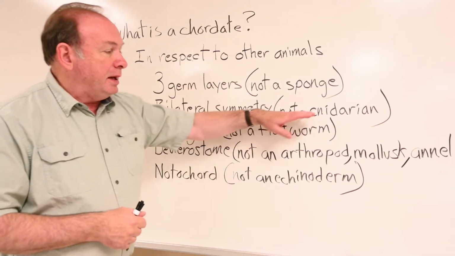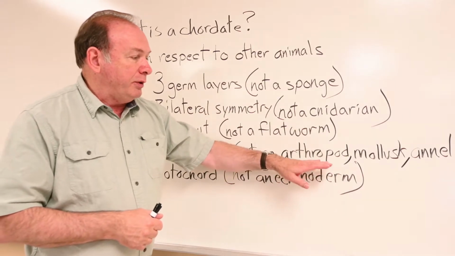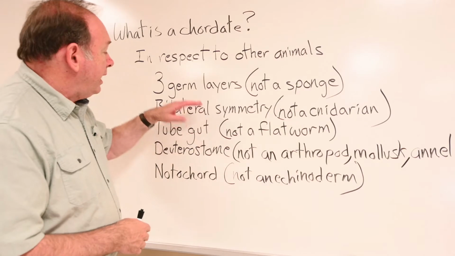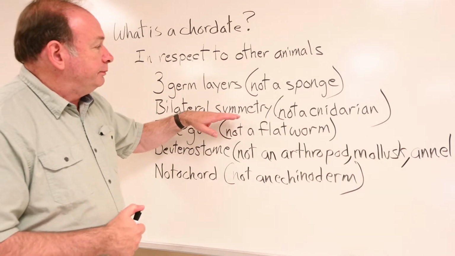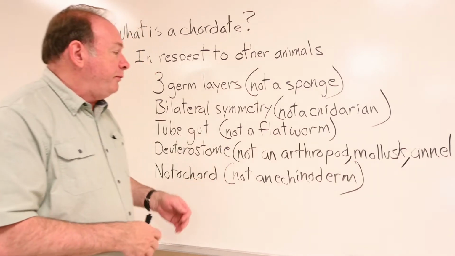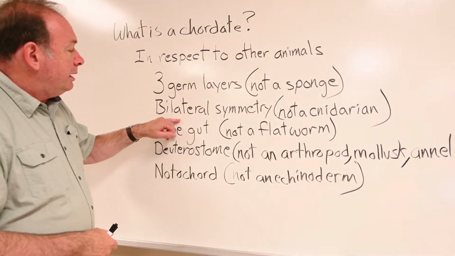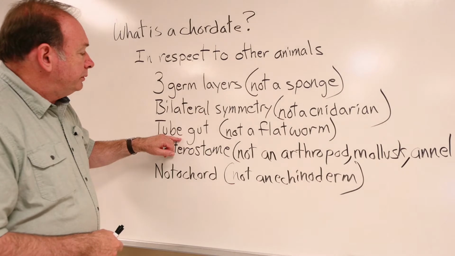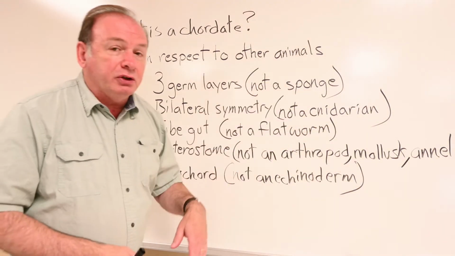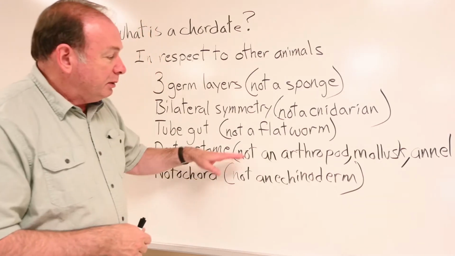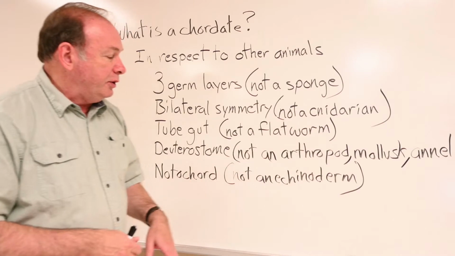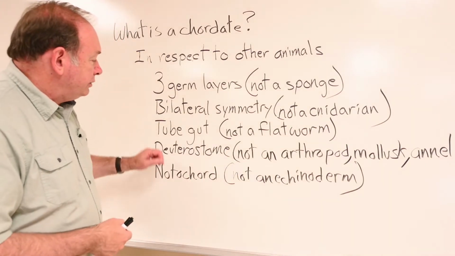So all of the cnidarians, the flatworms, the arthropods, mollusks, annelids, echinoderms, they all have that bilateral symmetry. And then the next level up from that would be to have the tube gut. So flatworms, cnidarians, and sponges do not have that tubular gut, but everything else down here does: the arthropods, mollusks, annelids, and echinoderms, as well as the chordates.